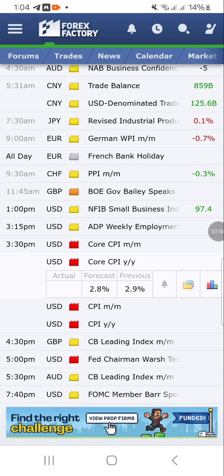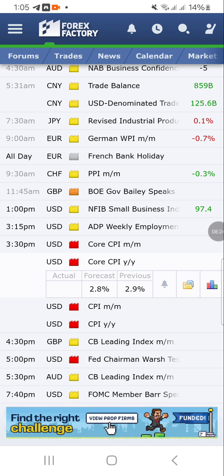Why? Let me explain. CPI Y-o-Y. Now it is comparing years. Last month of June, data comes out. They compare it with the same month in 2025. In the same month of 2025, CPI came out at 2.9%.